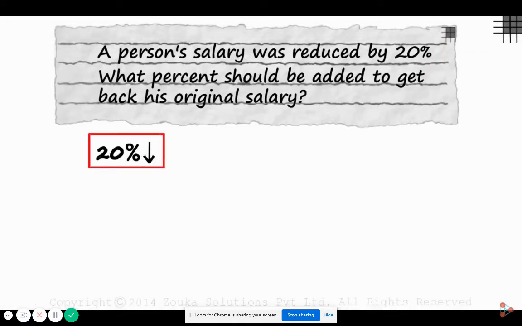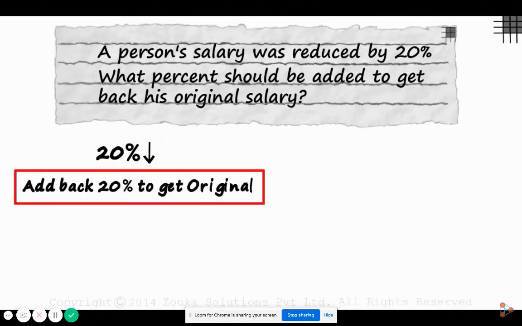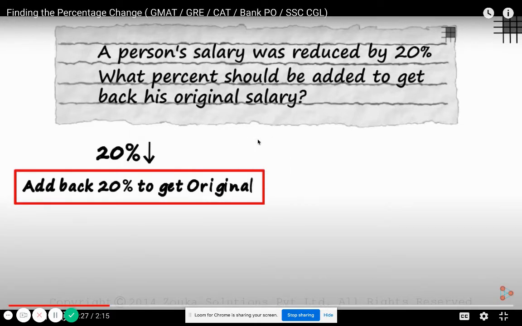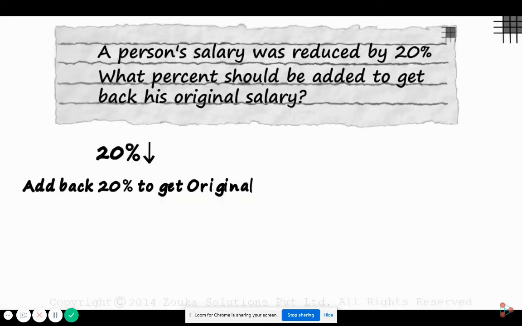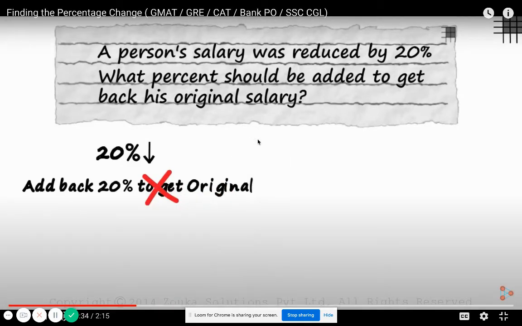There was a 20% reduction, so we need to add back 20% to get back his original. How many of you got this answer? I think there will be at least a few kids in every class who might have guessed this particular answer, right? But as you would have guessed, it's not that easy. This is incorrect. I'm sorry, this is not the logic.